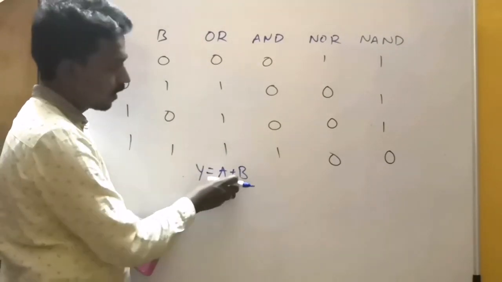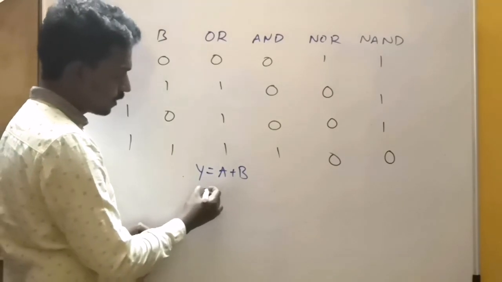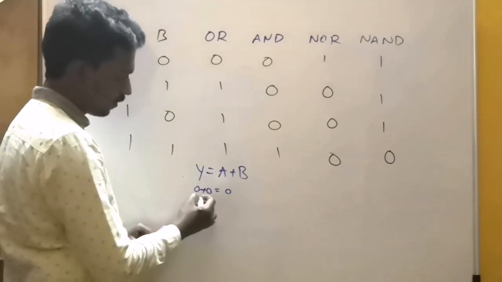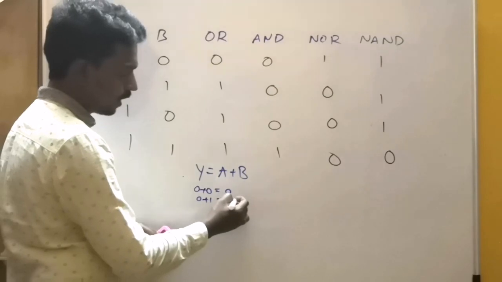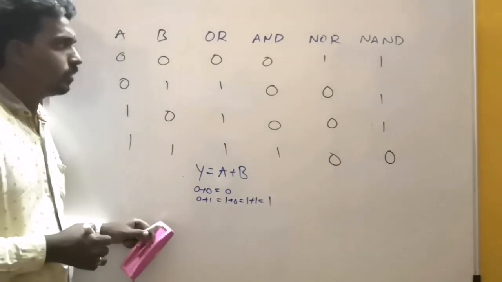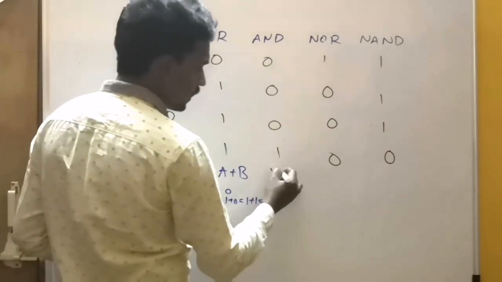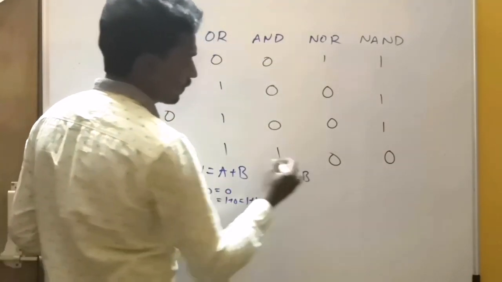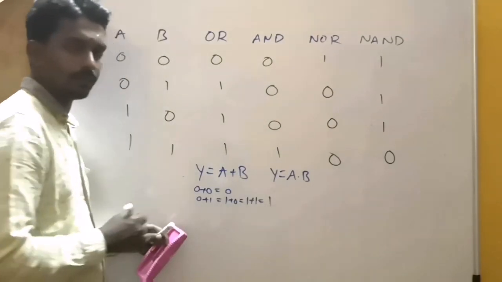That is the OR gate. Like 0 plus 0 equals 0, 0 plus 1 equals 1, 1 plus 0 equals 1, 1 plus 1 equals how much?